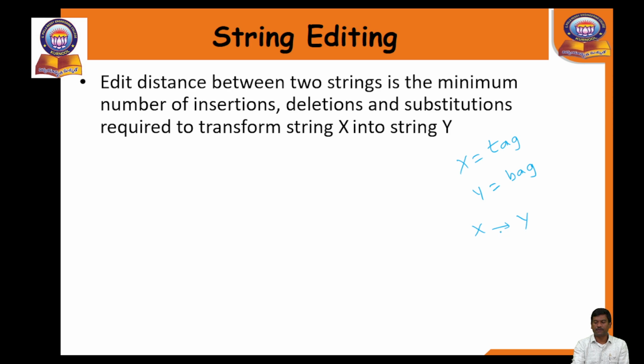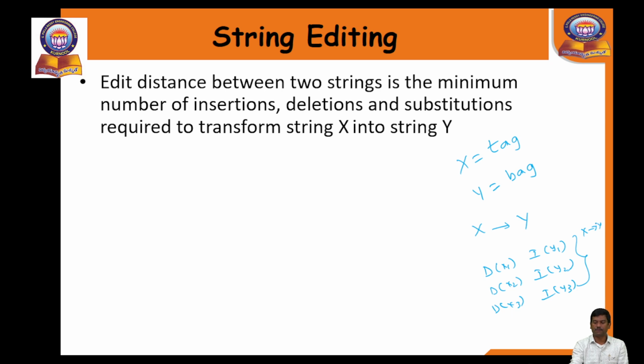You can delete x1, and then insert y1, delete x2, then insert y2, delete x3, then insert y3. Then x can be transformed into y. This is one of the possible solutions.